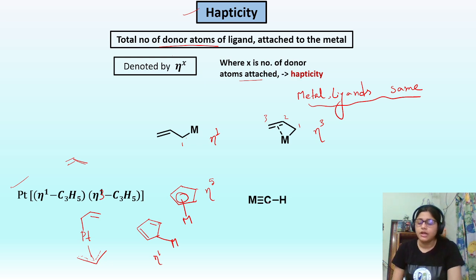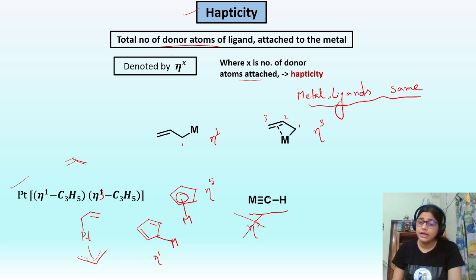Now here is a triple bond and CH. You must be thinking that 3 bonds are there, so it should be eta 3, but it is not eta 3. In the definition itself, you see the total number of donor atoms of the ligand attached to the metal.